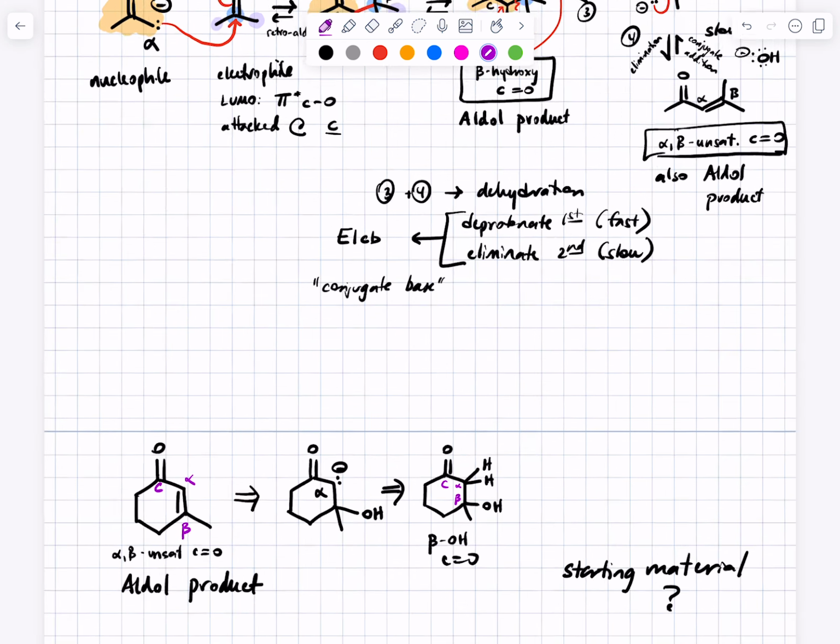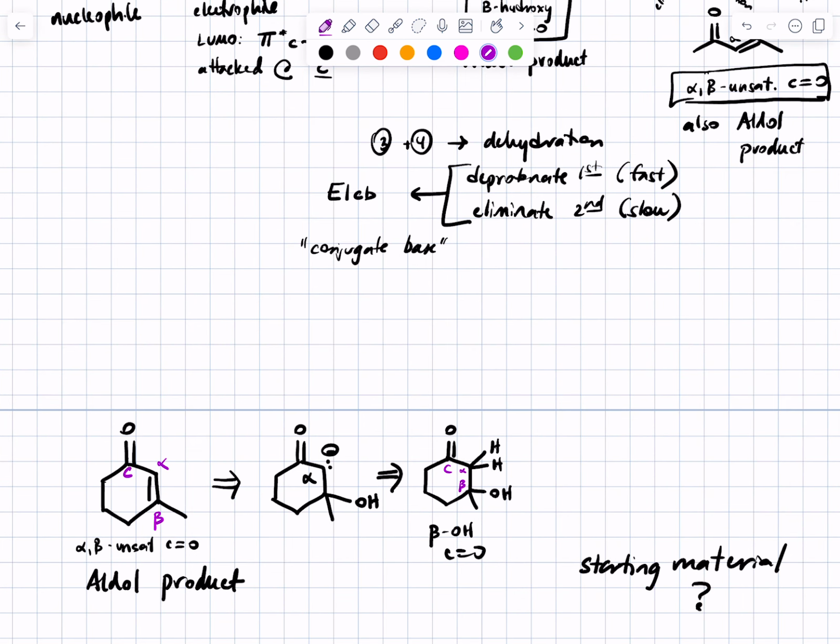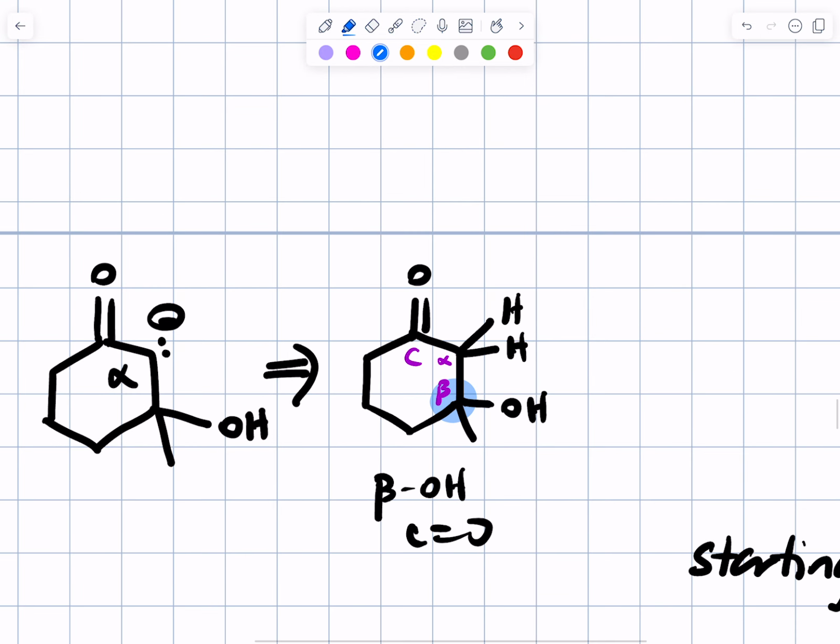Which portion of the beta hydroxy carbonyl compound used to be the electrophile? Which carbon used to be the electrophile? Beta carbon. So that used to be the carbonyl carbon of our electrophile. Which atom used to be the carbonyl oxygen of your electrophile?